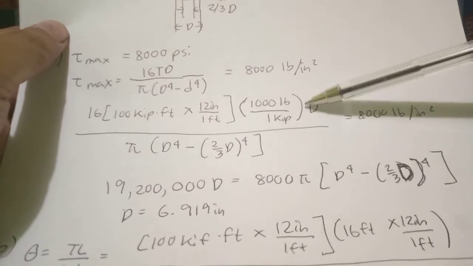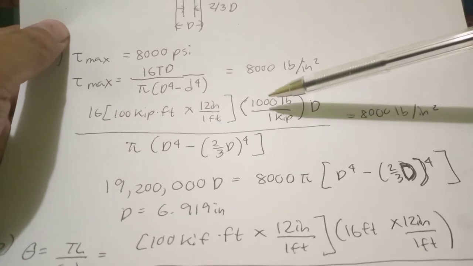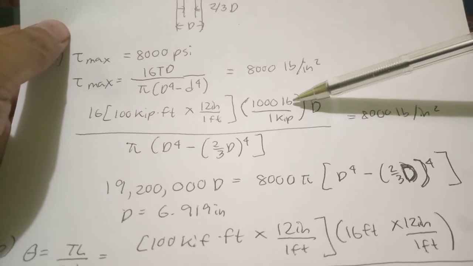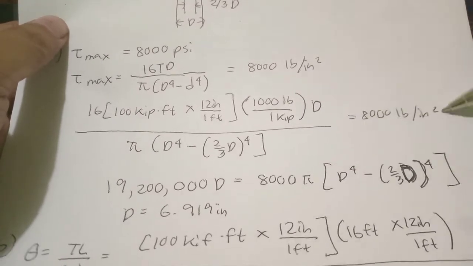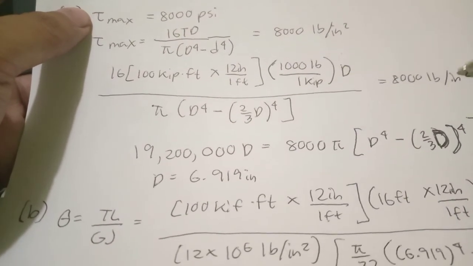By this we have a uniform unit, kip-pound inch at the top. So here I cross multiply, I multiply this one to the right side.